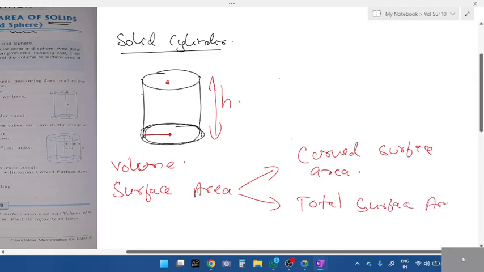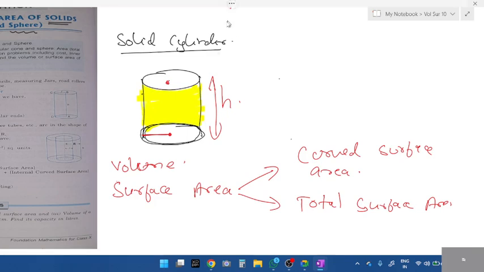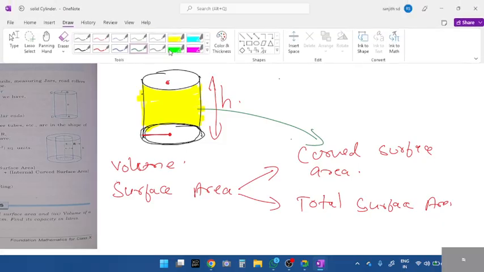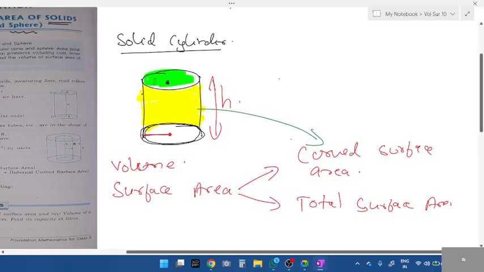What is curved surface area? In a solid, the curved surface area is this yellow part. Only this yellow part you have to consider, not the top and bottom one. Only which is curved, that you have to consider. Total means curved plus the leftover. Yellow plus the green one is known as total surface area. This is the concept. So volume will have only one, surface area will have two.